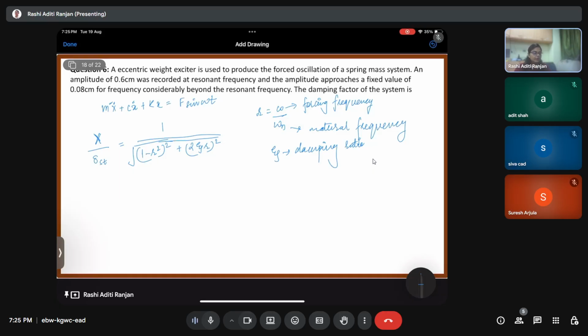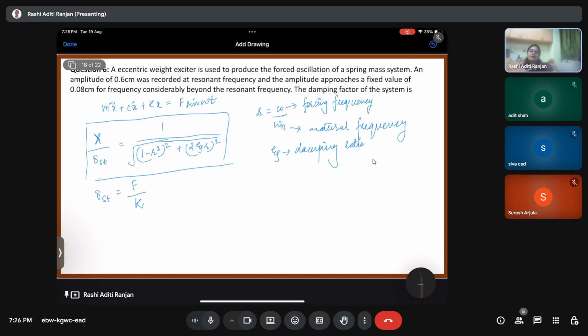Now, this was easy for a spring mass system with a forcing F sine omega t. But now we have an eccentric weight exciter. So what is the difference that we are facing over here? The delta st was actually defined as F by K. Now, this is the form written in terms of r and eta.